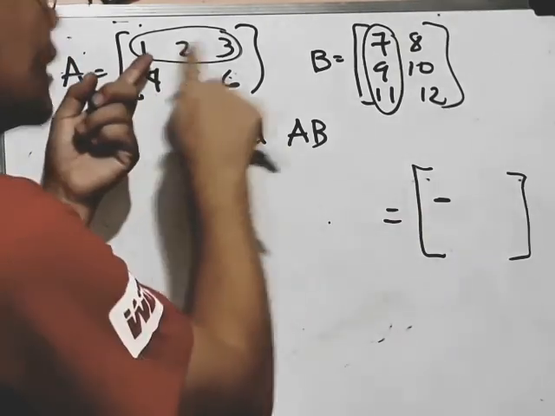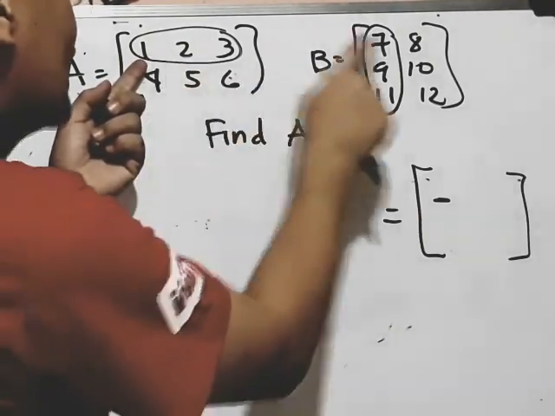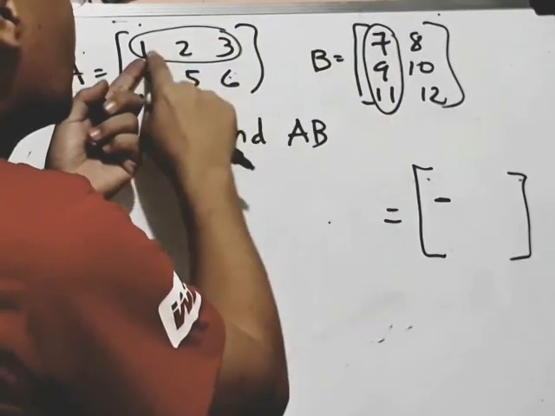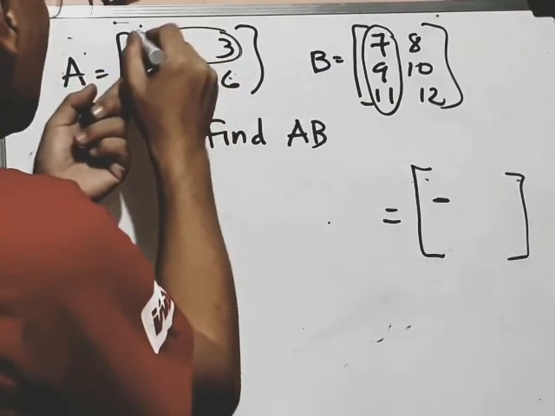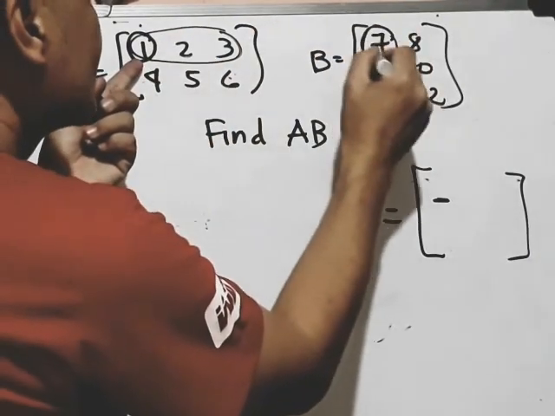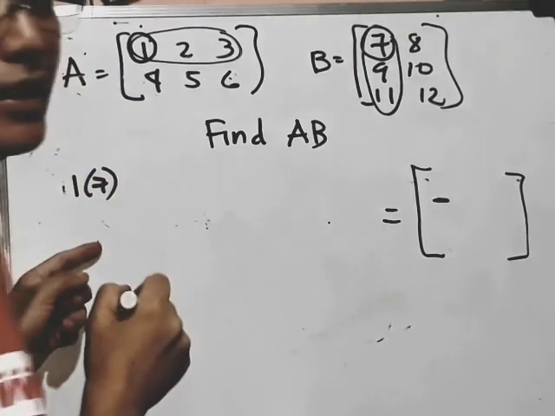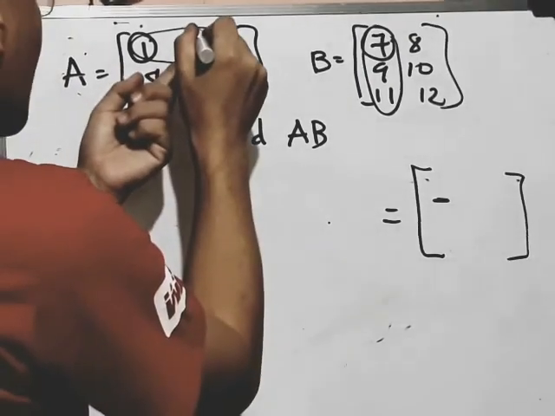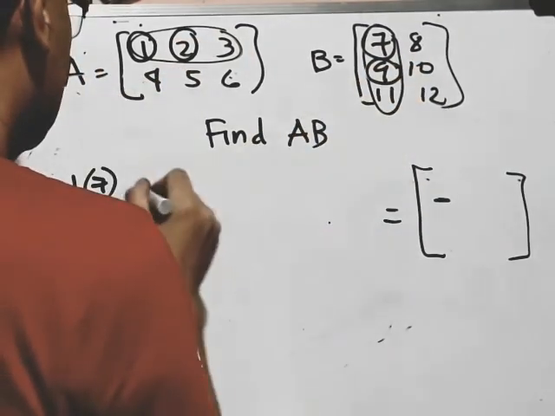So, tatlo yan. Ang gagawin lang natin, i-add natin ang bawat product ng bawat magkaparehas. So, paano yun? Yung 1, i-multiply natin sa 7. So, 1 multiplied by 7. Yung pangalawa, yung 2, i-multiply natin sa 9.